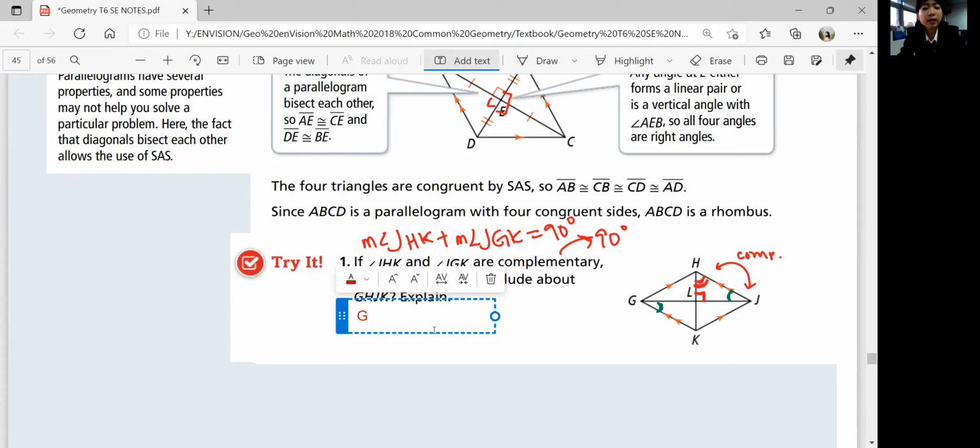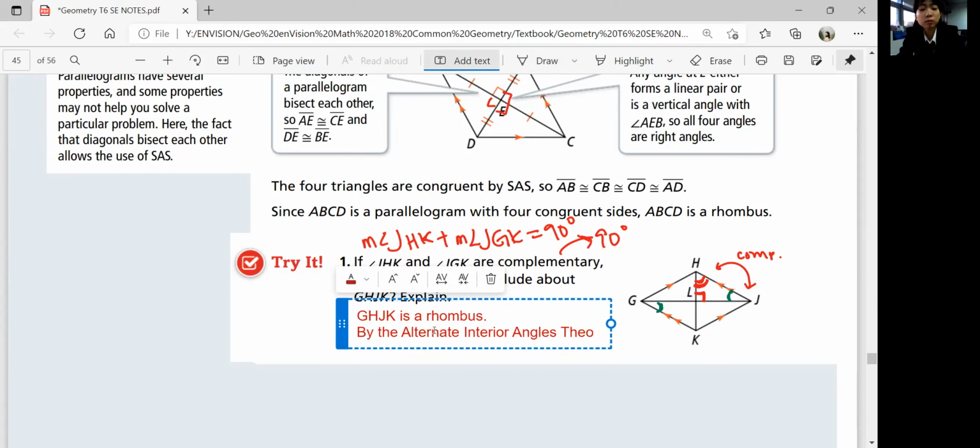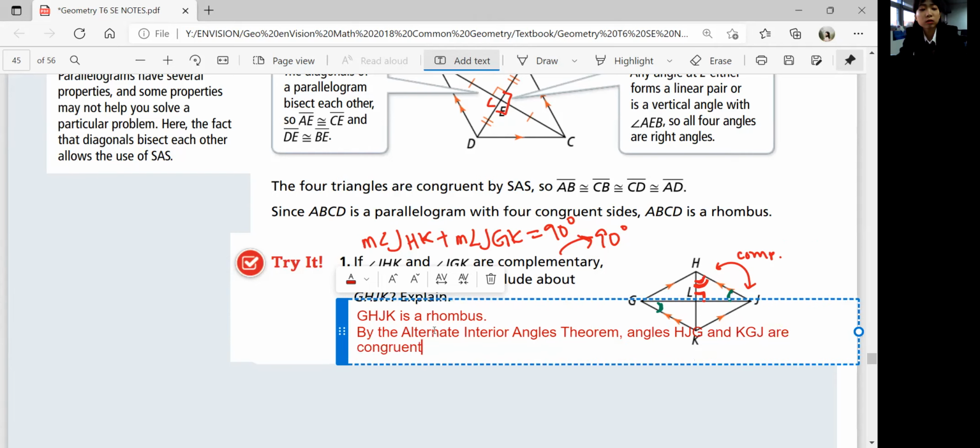So we can start by saying GHJK is a rhombus, and you're going to prove by the alternate interior angles theorem, angles HJG and KGJ. So angles JHK and HJG are complementary.